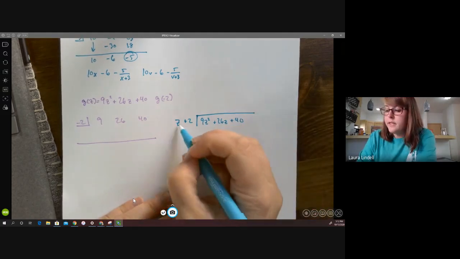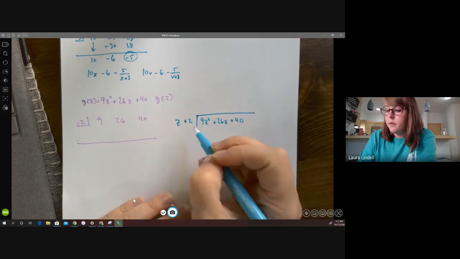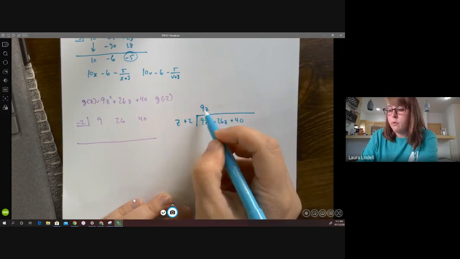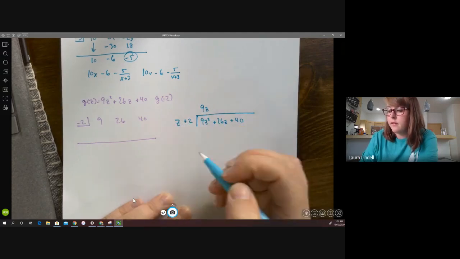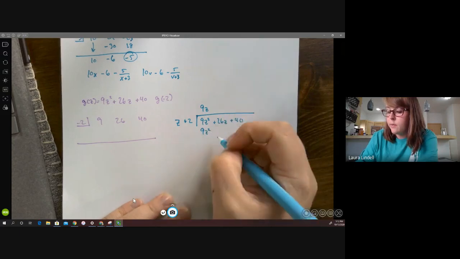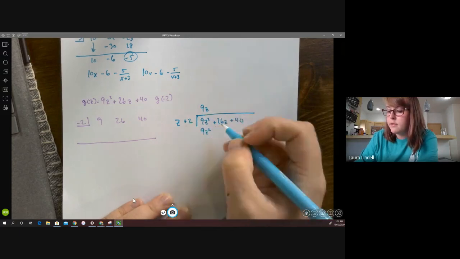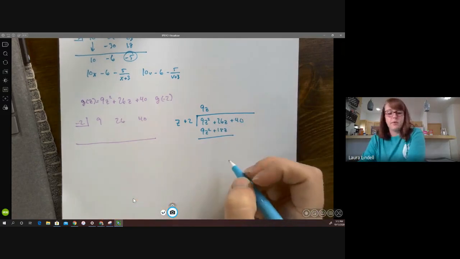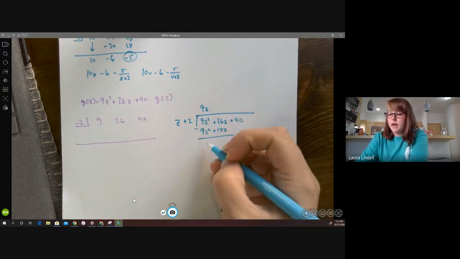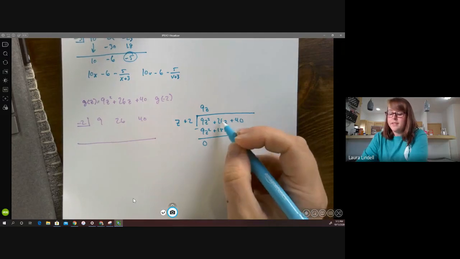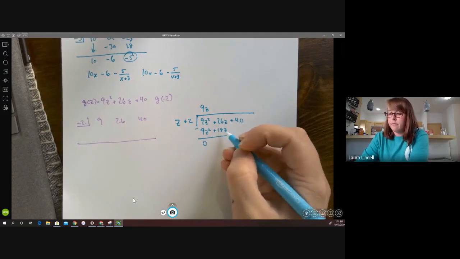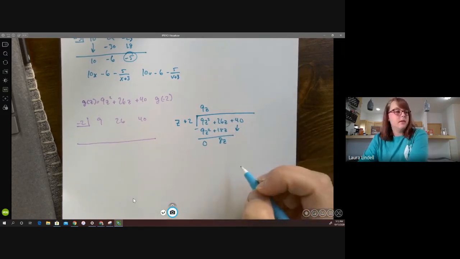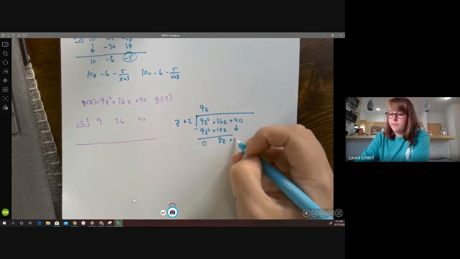So to go from z to 9z squared, we would multiply by 9z. So I would multiply this through to both of these. We get 9z squared, and then 9z times 2 is 18z. Then we're subtracting. So these subtracted would give me 0. 26z minus 18z would give me 8z. Then we bring down the 40.